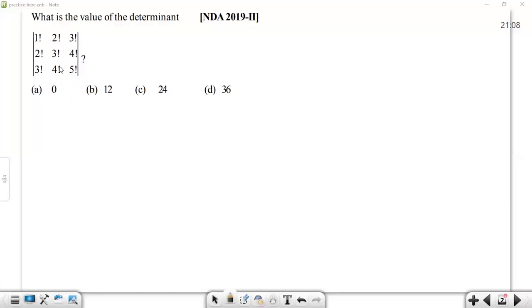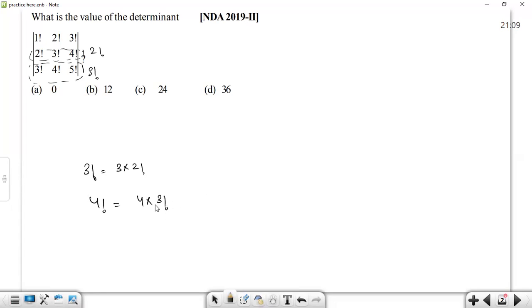First of all, we can take something common from the rows. From the first row, no. From the second row, yes, we can take 2 factorial common. From the third row, we can take 3 factorial common. Let me explain how we can take common. 3 factorial can be written as 3 into 2 factorial, or 4 factorial can be written as 4 into 3 factorial.